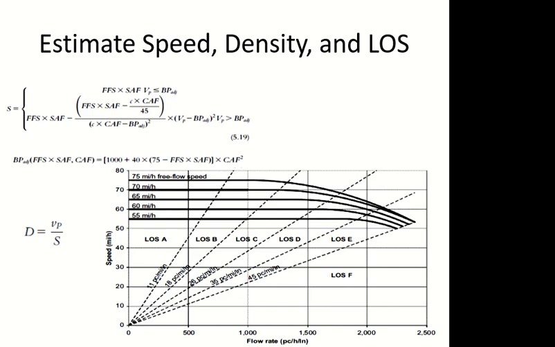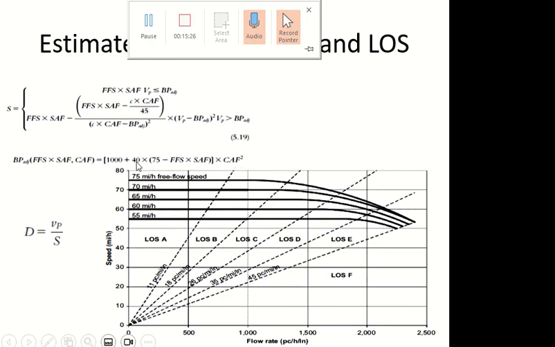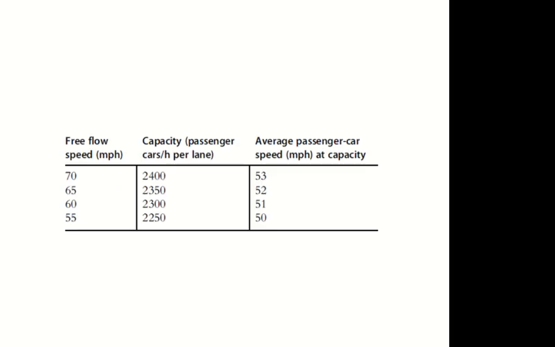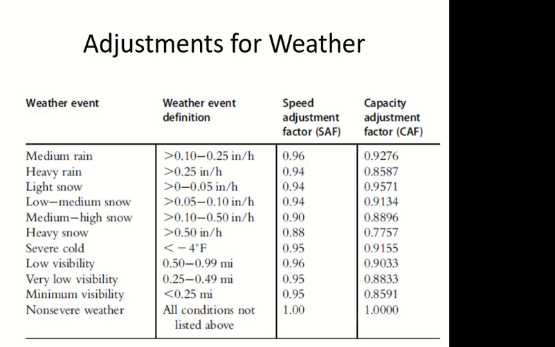Now in all these equations, I said if the conditions are not given, you will ignore the adjustment factors. But what conditions will require us to put the adjustment factor? If you have certain conditions in the question or in the field, you need the adjustment factors. The first condition is related to the weather.